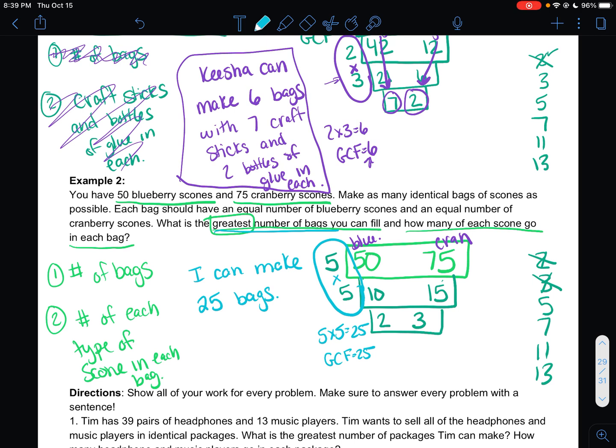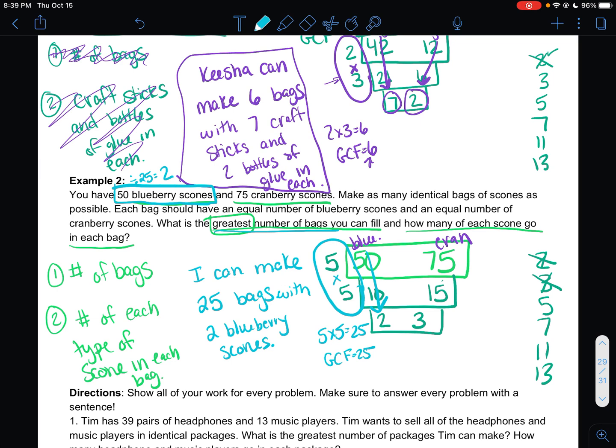So if you're doing a different method and not using the cake, you would do your 50 blueberry scones, and you want to divide those 50 blueberry into 25 bags. So you would do 50 divided by 25, which would be 2 in each bag. If you did the cake, you could just look at your bottom layer. So I can make 25 bags with 2 blueberry scones.